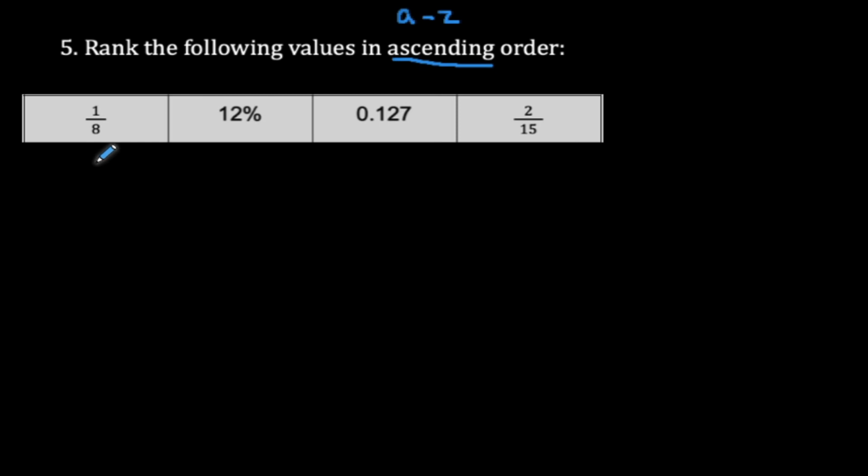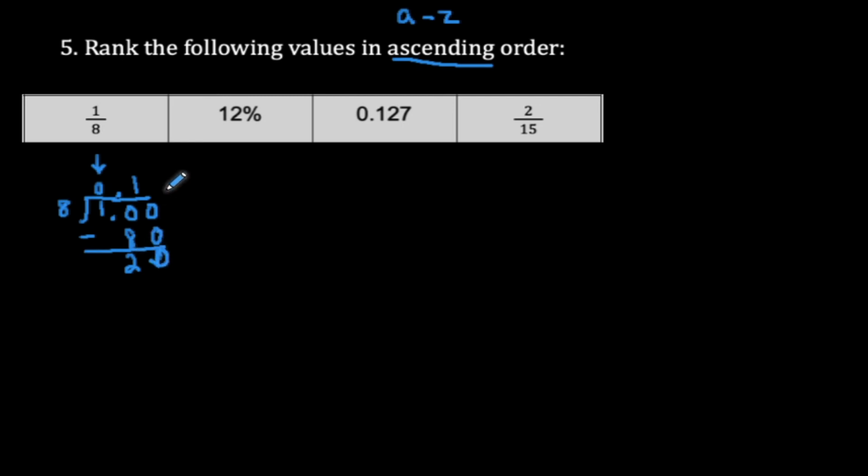So let's start with 1/8. So 1/8 we can simply divide. So 1 divided by 8, if you don't already know what that is as a decimal. But 8 goes into 1 0 times. 8 goes into 10 without going over once. Subtract 8 from 10. Bring down your 0.